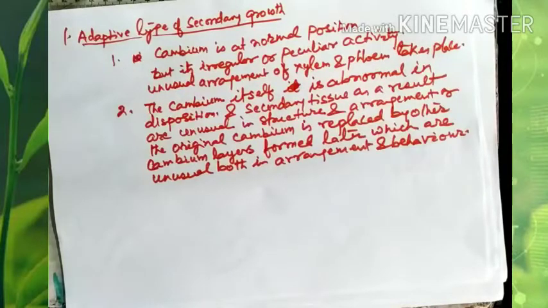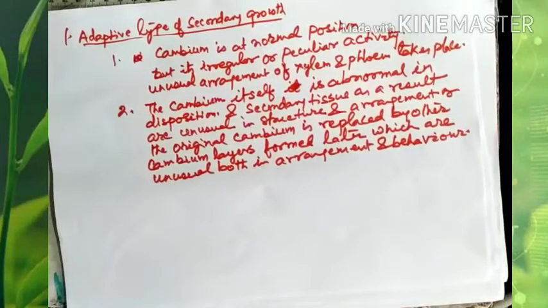Means the original cambium is replaced and the other cambium layers are formed later on, which are unusual in both arrangement and behavior. That the cambium is formed later on is the unusual. They are different from the normal pattern, in their arrangement and the behavior.